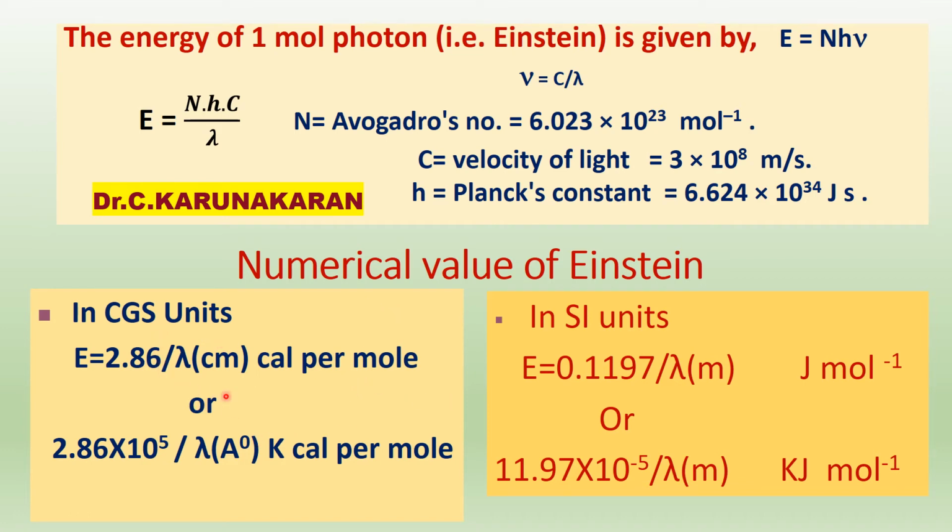Once you know the wavelength of the electromagnetic radiation, we can calculate the energy of 1 Einstein, that is, 1 mole of photons, in SI units. If the wavelength of the electromagnetic radiation is given in meters, then you use this formula to get the energy in joules.